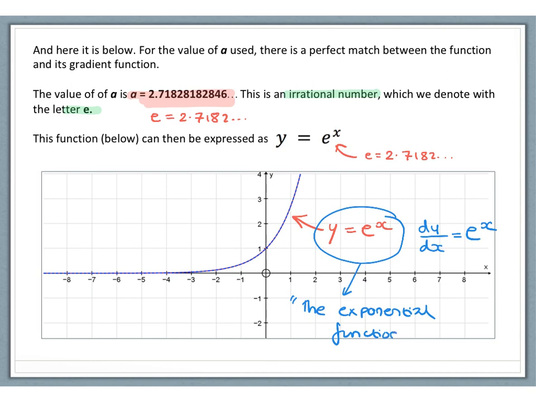So whereas functions of the format y equals a to the power x are in general called exponential functions, this function here is particularly special and it's referred to as the exponential function. And we need to know that the function differentiates to itself. So if you differentiate e to the x, you get e to the x.